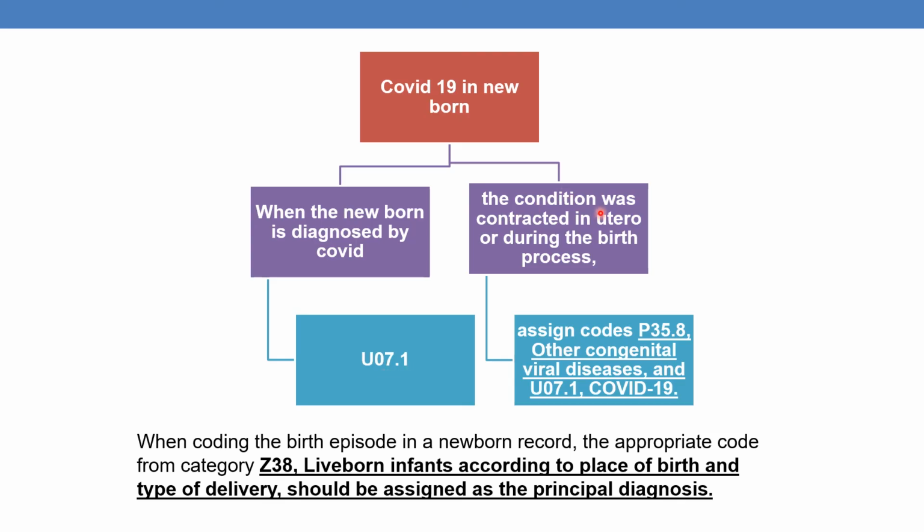Second scenario, if the condition was contracted in utero or during the birth process, then you need to assign first P35.8, other congenital viral diseases, followed by U07.1. And when coding the birth episode in the newborn record, appropriate code from the category Z38 should be assigned as PDX.